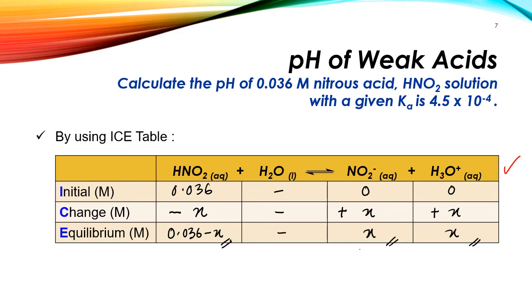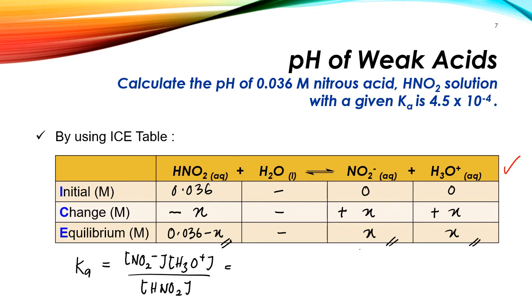Therefore, we can express the dissociation constant for the acid: Ka equals the concentration of the products, NO2 minus ions and H3O plus ions, divided by the concentration of the acid HNO2.